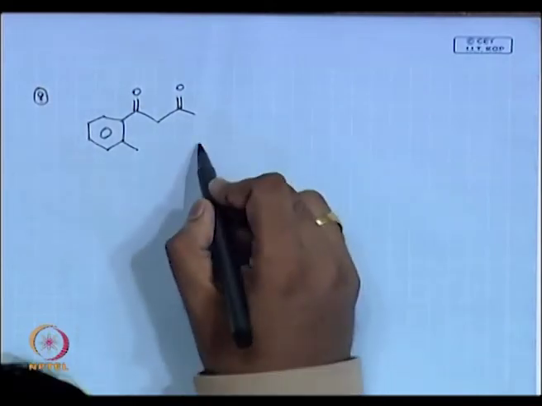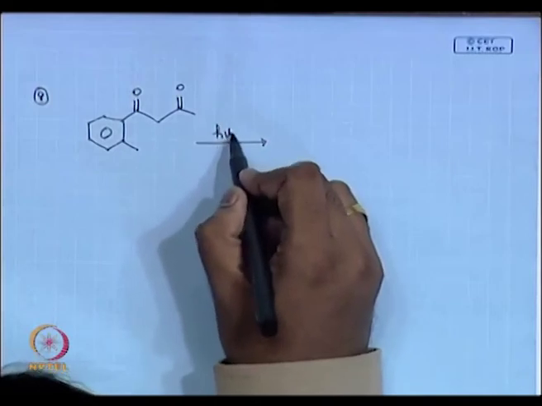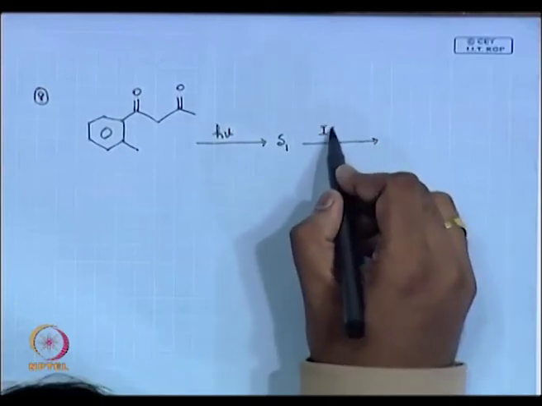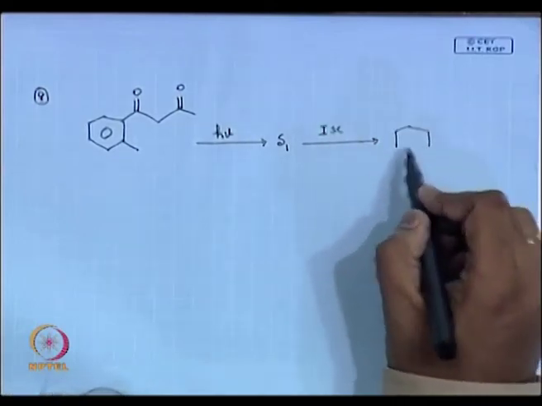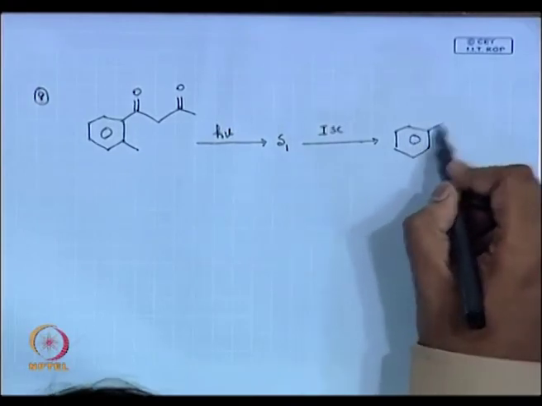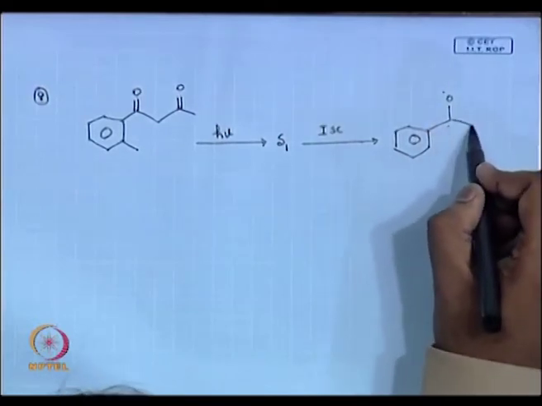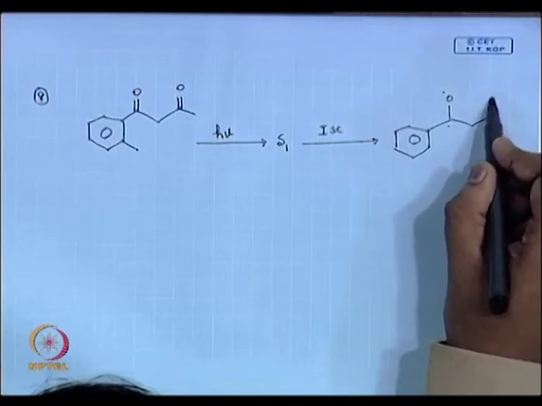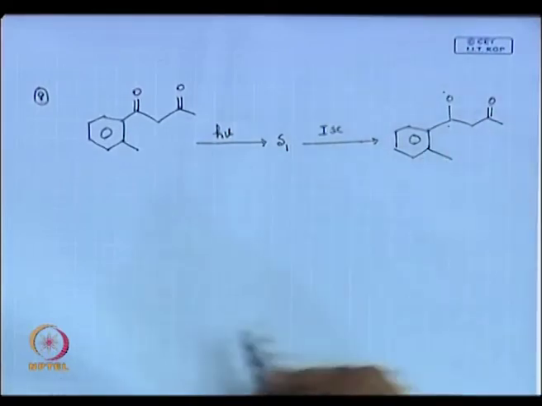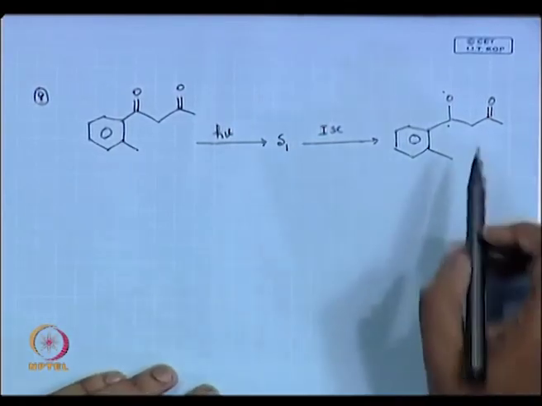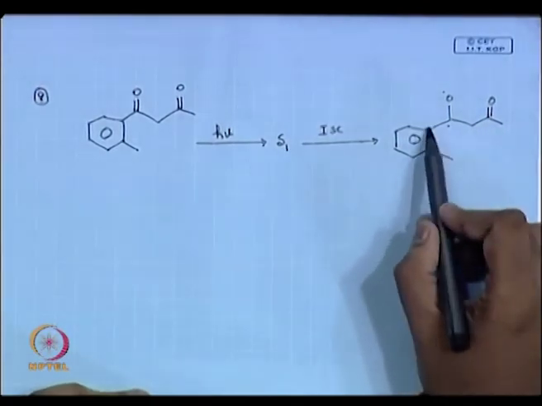So, what happens? First step, you said that you will be photolyzing, it goes to S1 and then it undergoes a nice intersystem crossing to give me a T1. So, what can you do now? From where? I can write alpha, beta, gamma.